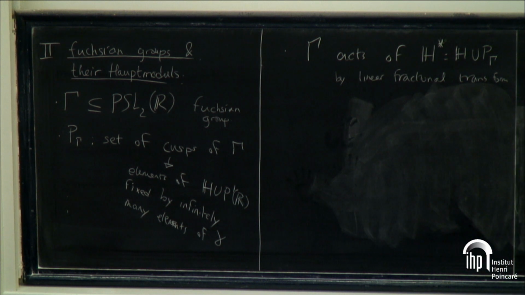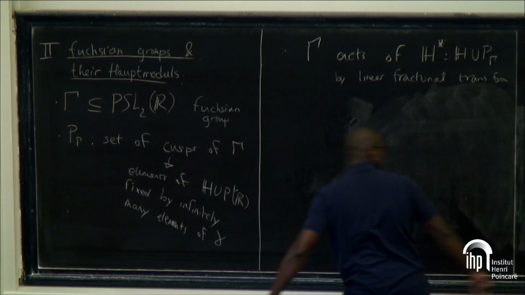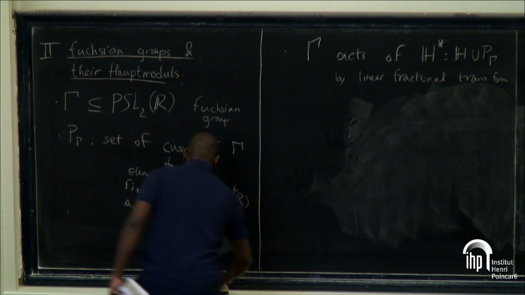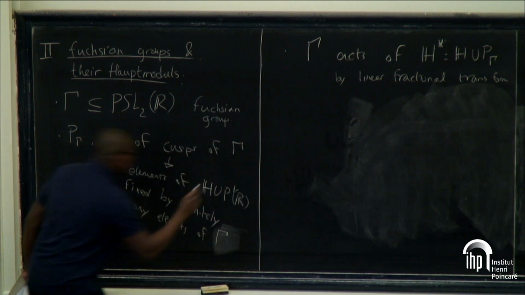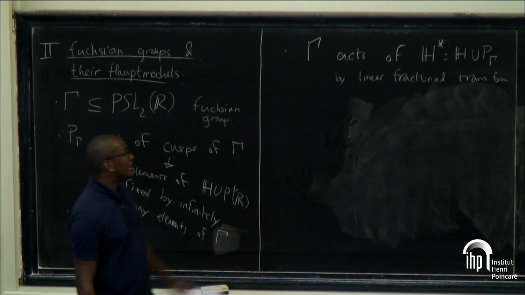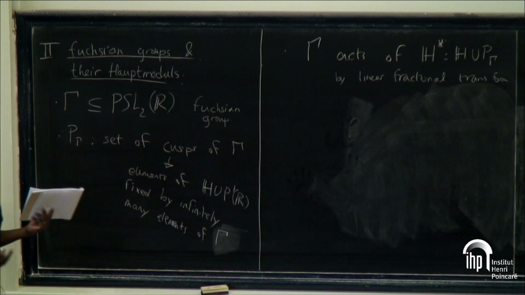Under this action, the quotient of H star by gamma is a compact Riemann surface.